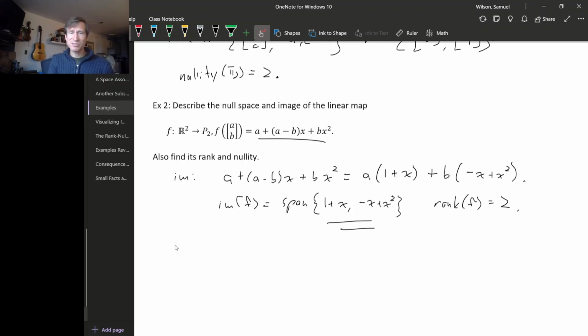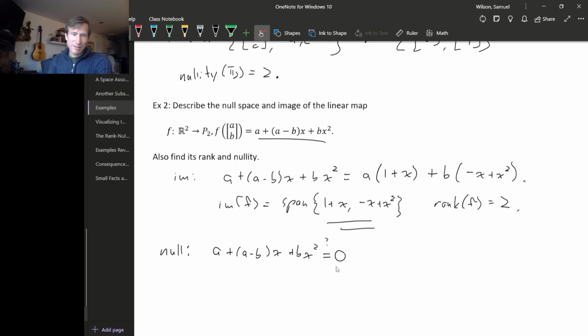Now let's look at the null space and the nullity. As with the previous example, we need to know when this function produces 0 as an output. The output of this linear map is a plus (a minus b)x plus bx squared. We want to know when this output is the 0 polynomial.